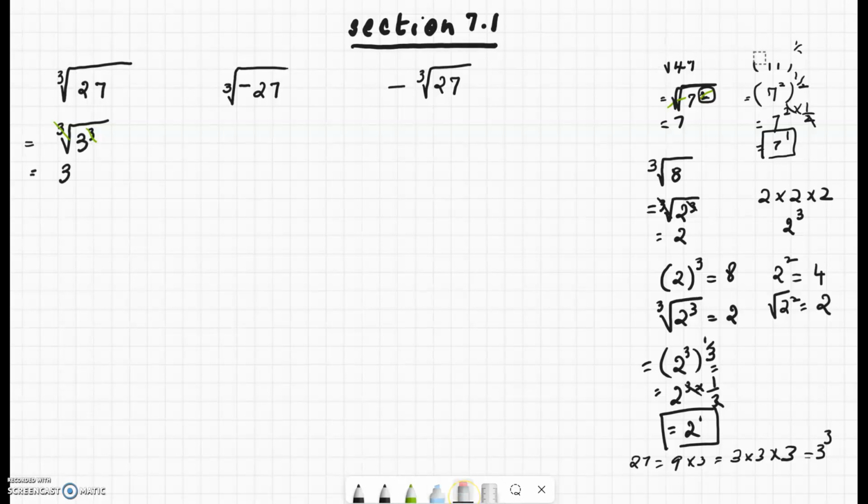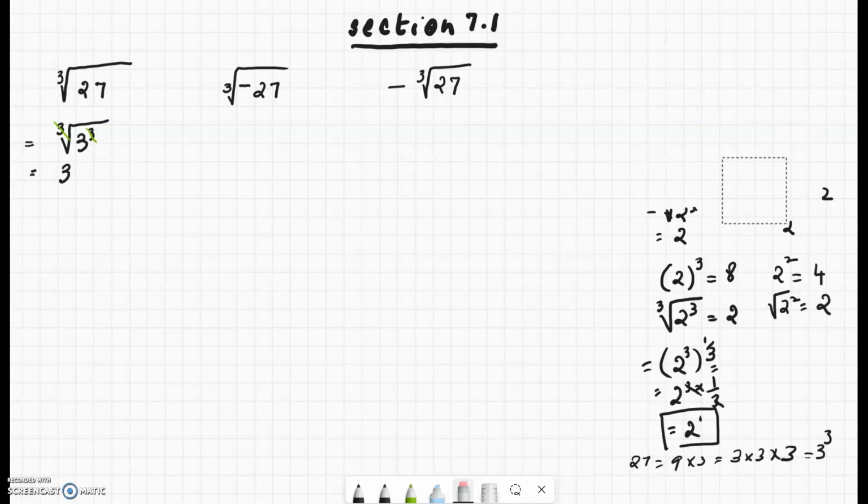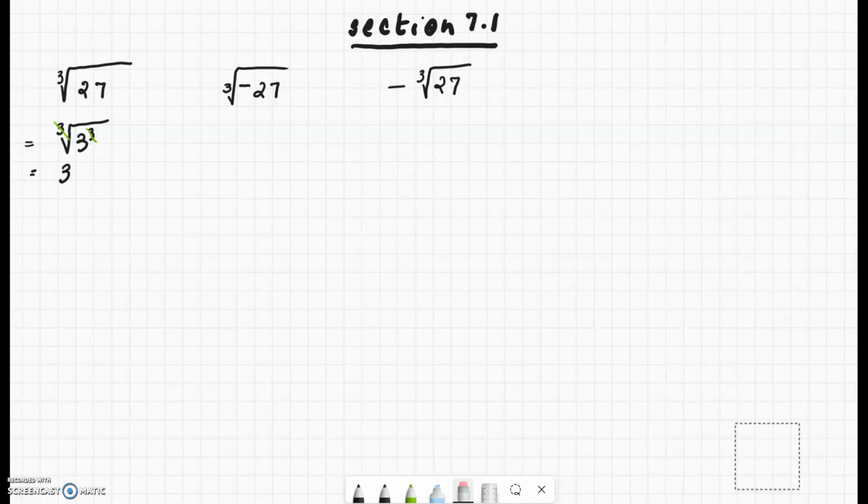Now in square roots, it was a little different when it came to the square root of a negative number. So if we have the square root of -4, for example, that's undefined, because you cannot have a negative inside the square root sign.